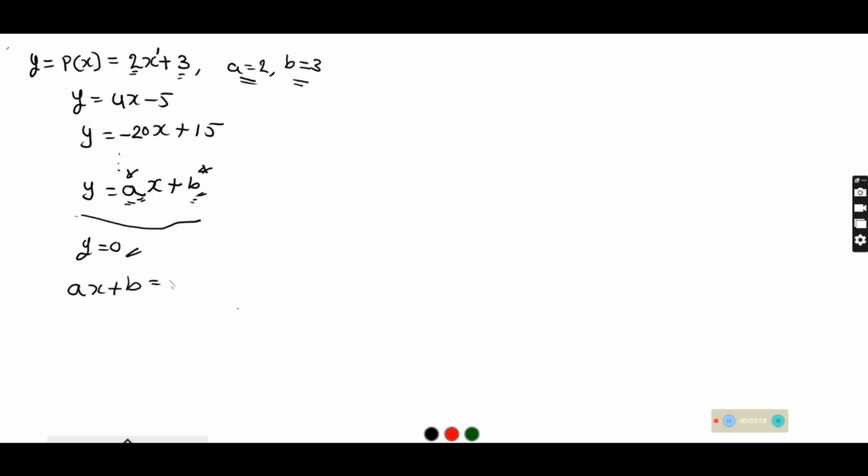Here we make ax plus b equal to 0. Then you take b to the other side, it becomes minus b, and x is equal to minus b by a. What does it mean? For the linear equation y is equal to ax plus b, the root of this equation is x is equal to minus b by a.